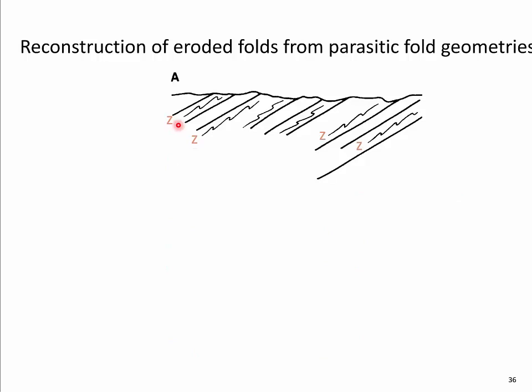We will see that in some layers we find small scale folds that follow a Z-shape geometry. That would apply to this layer and to that layer, and also to this and that layer, but not to this and to that layer, which show S-shape geometry of their long and short limb parasitic folds.